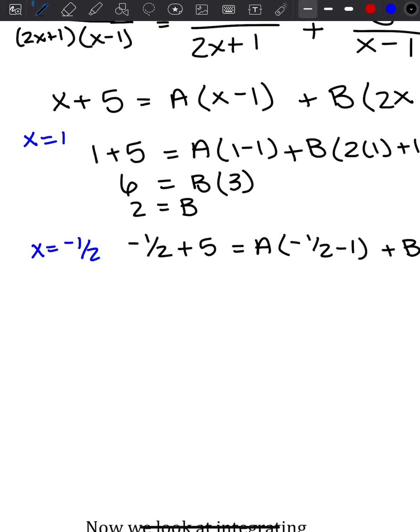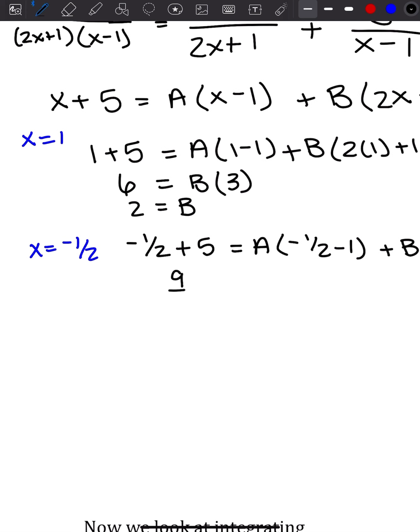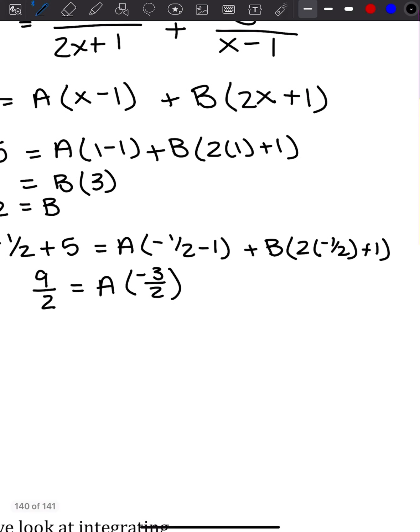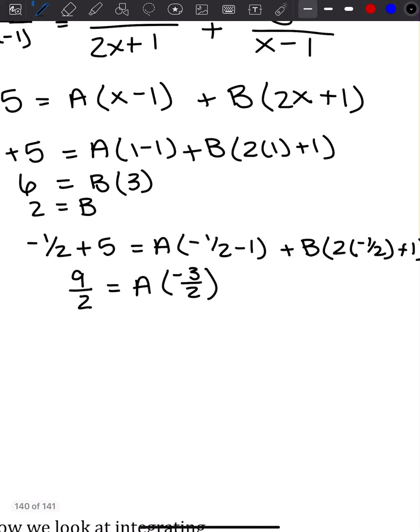I take 1/2 away, so I have 9 halves. -1/2 minus 1, so we have A times -3 over 2. 2 times -1/2 is -1, plus 1 is 0, so B goes away completely, and I get this.